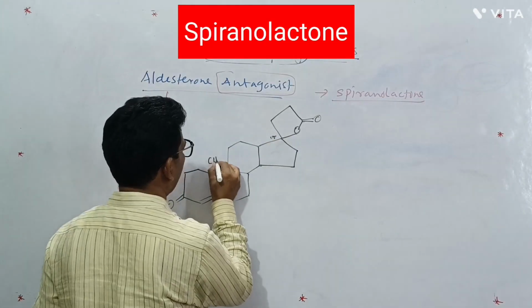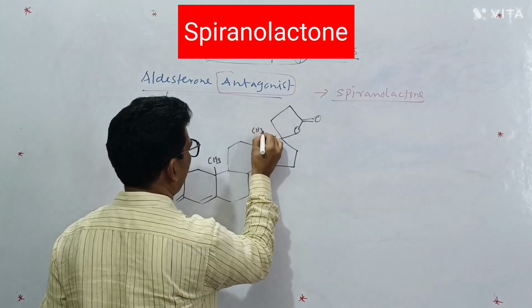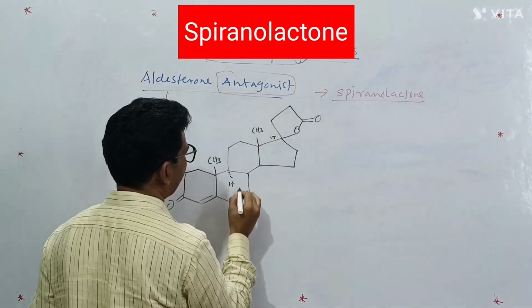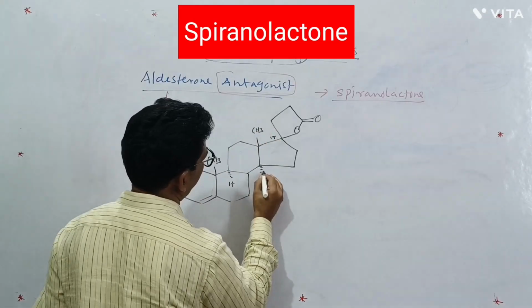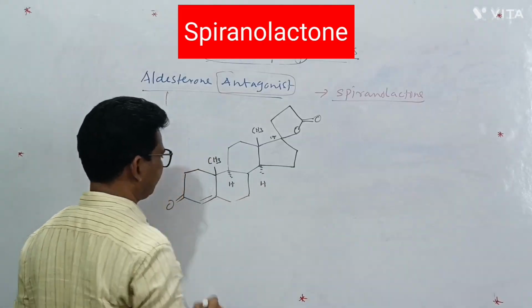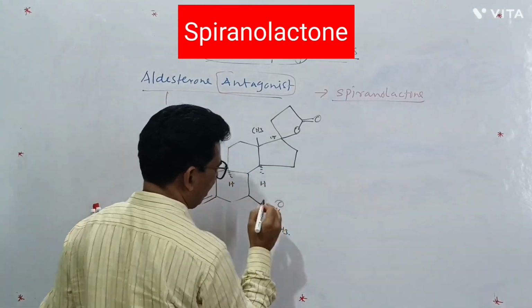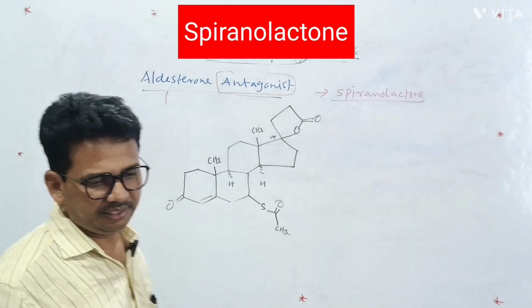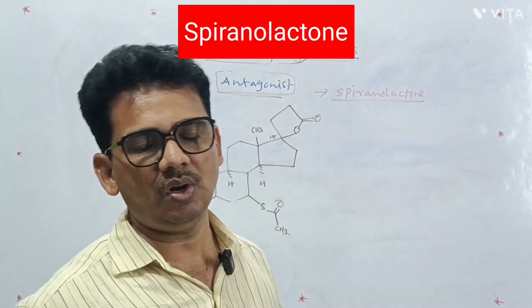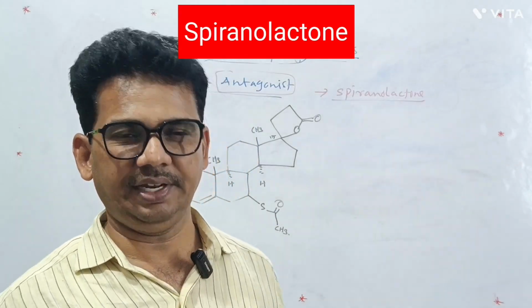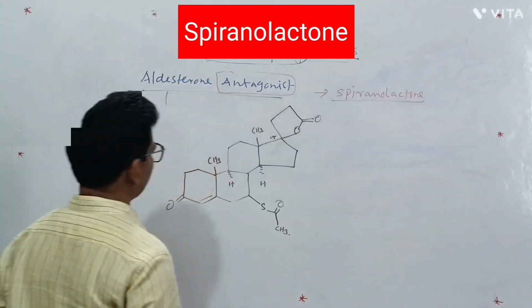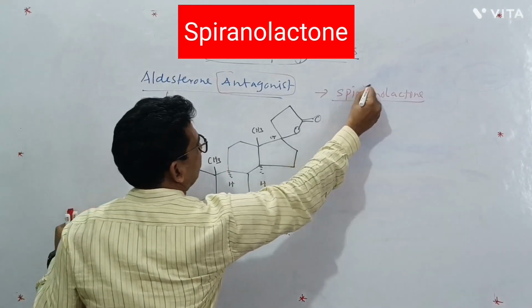Here one methyl group, here one methyl group. Here it has hydrogen, and here also one more hydrogen. Here it has sulfur along with a carbonyl methyl group, that is the acetyl group, SCOCH3. This is the structure of spironolactone.